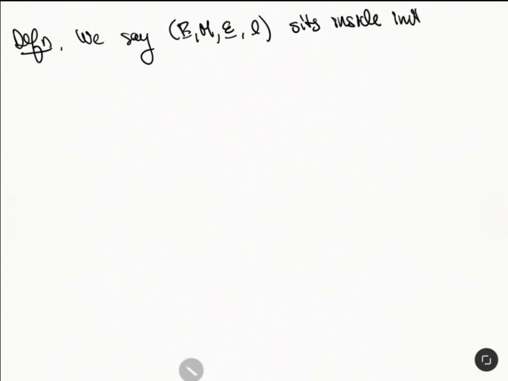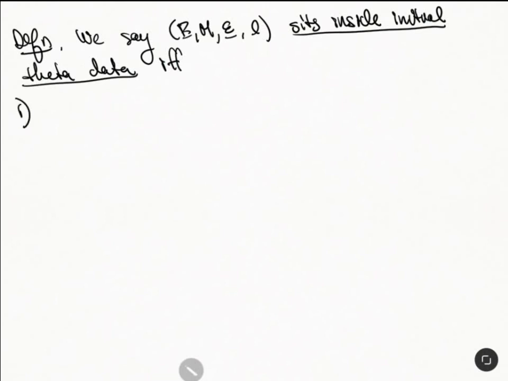So we will say E, M, this L, like this, sits inside initial theta data, if and only if the following holds.